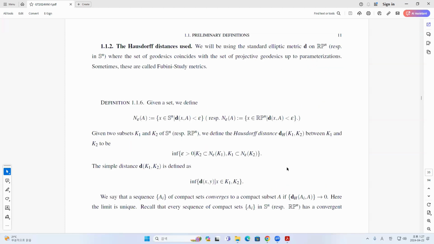And also we will use something called the Hausdorff distance. Given a set, we can define the epsilon neighborhood. These are the set of points with distance less than epsilon. And in RPn, you can do the same. Given subsets, we define the Hausdorff distance as the infimum of epsilon where K2 is in the epsilon neighborhood of K1 and K1 is in the epsilon neighborhood of K2.